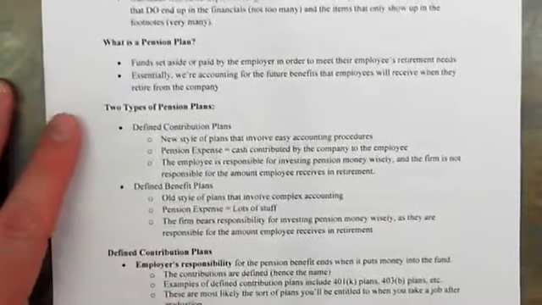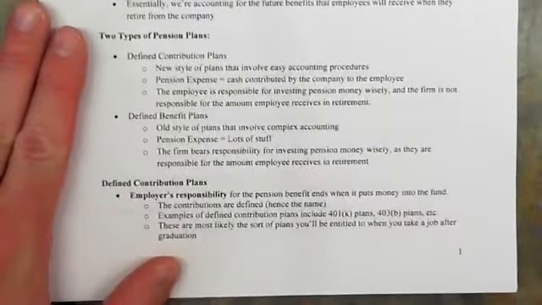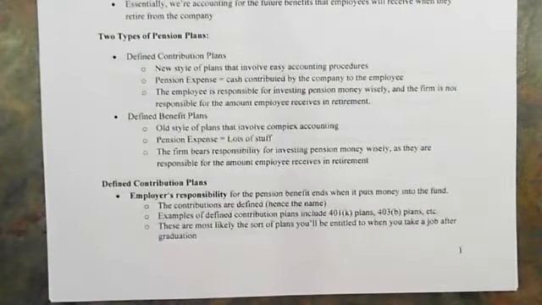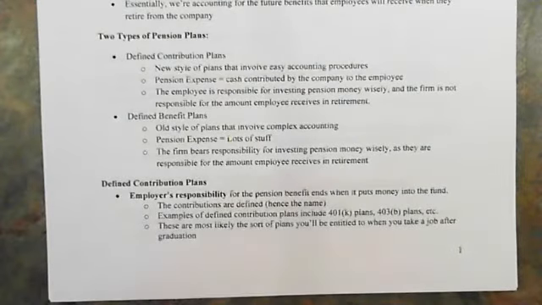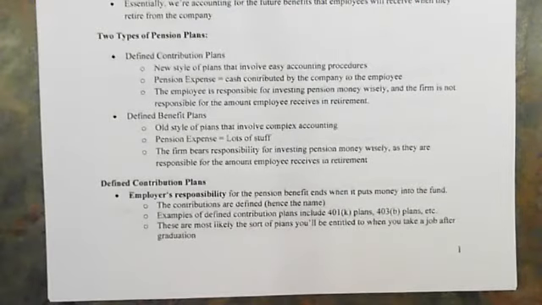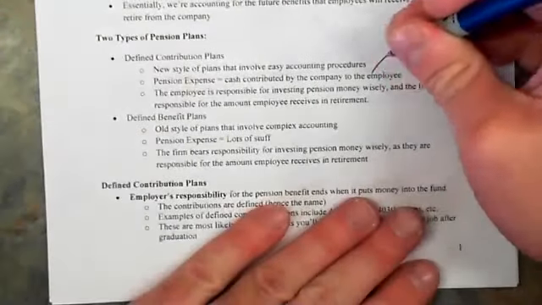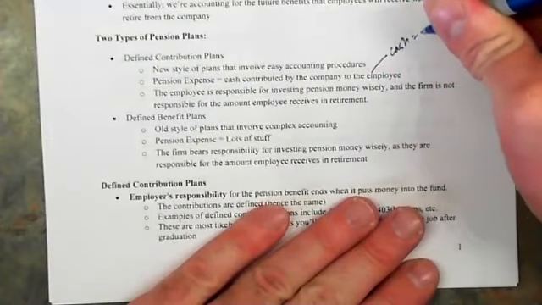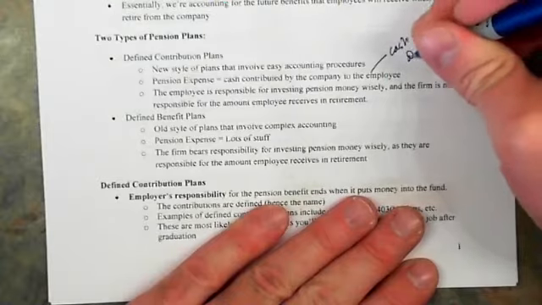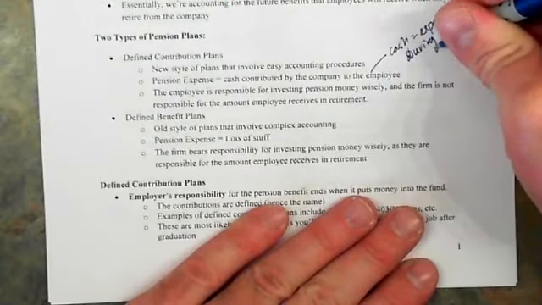So there are two types of pension plans, as I mentioned. A defined contribution plan is the new style of plan, easy to account for. Pension expense is just going to be the cash contributed by the company to the employee. So in this case, cash actually equals expense during a period of time.